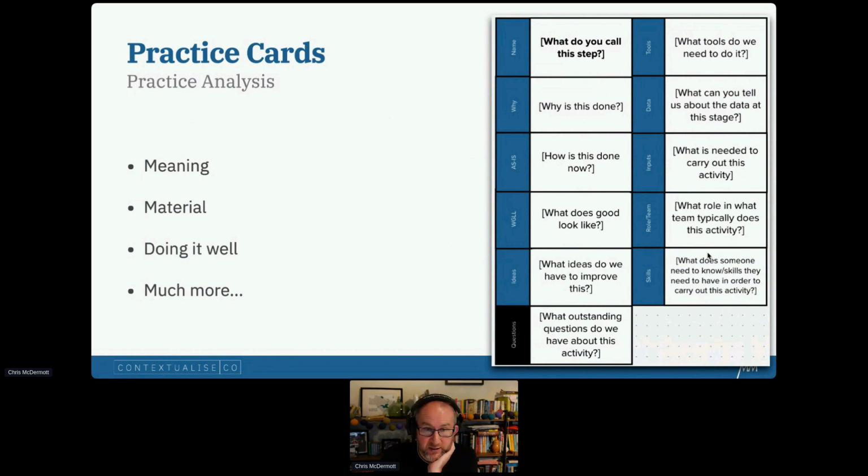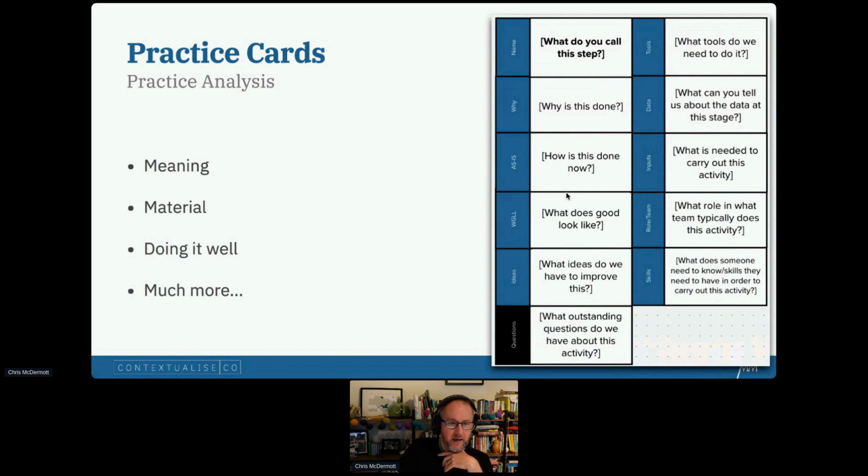We're also maybe interested in the skills people need to have. But crucially, this question to the left, the WGLL, what does good look like? So this is, I guess, the first material difference to Wardley mapping. And we developed practice cards to help us facilitate and document a conversation around a practice that's done.